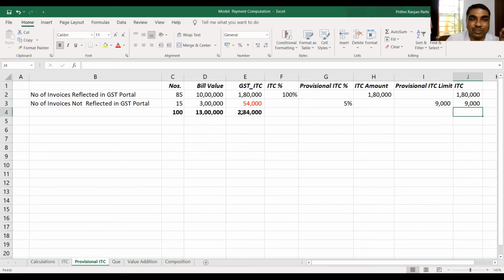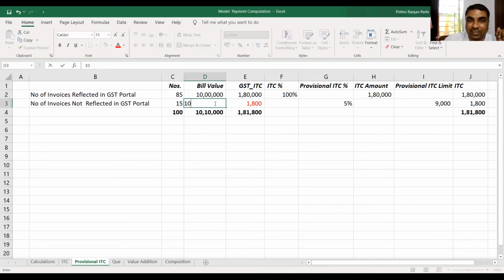Okay. Suppose for whatever reason, it is not 3 lakh. It is only 10,000. If it is 10,000, it comes 1,800. You can take 1,800. Your limit is 9,000. Are you able to understand this? Yes or no?